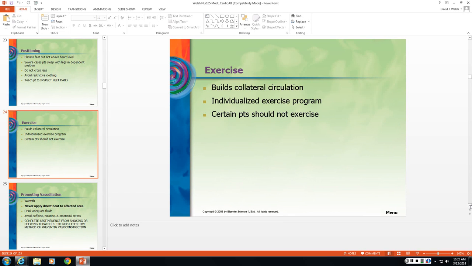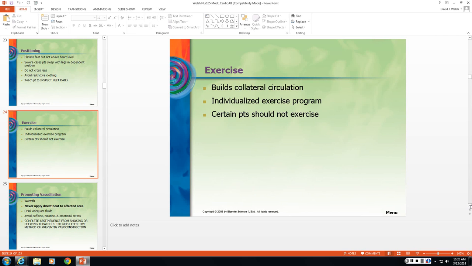Certain patients should not exercise. They can do different exercises with their legs, moving their legs, moving their arms, range of motion exercises, that type of thing.